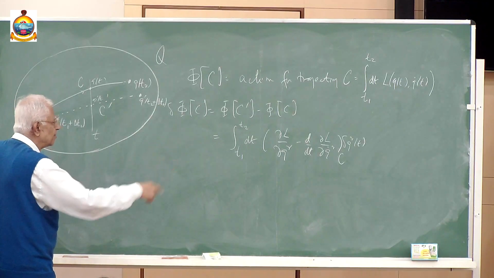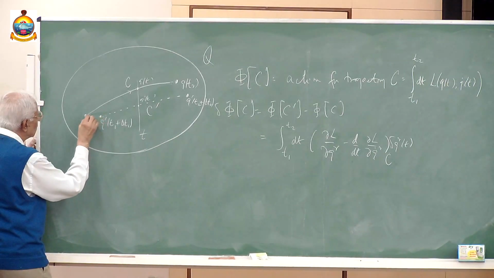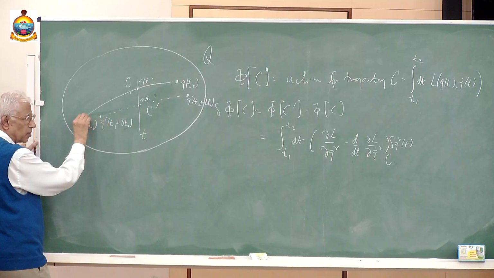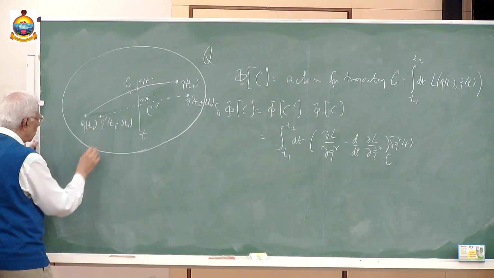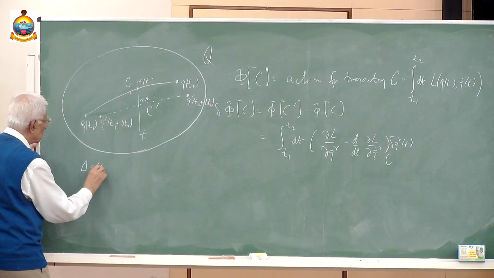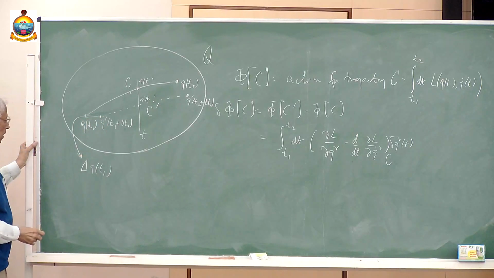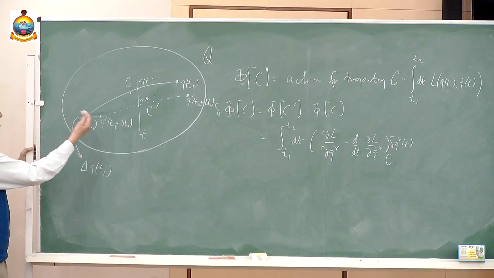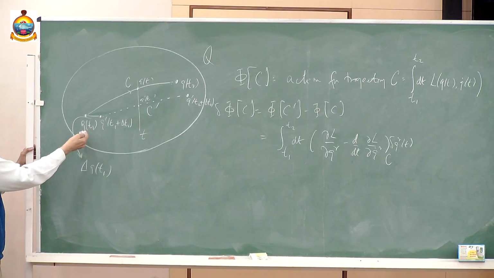Then the penultimate term, it is something proportional to differences in the Q's between the new starting point and the old starting point. I do not want to complicate this diagram too much, but I will just indicate: capital delta of Q at the initial time is the new coordinate at the new initial time minus the old coordinate at the old initial time.